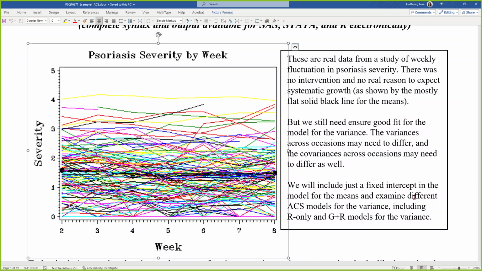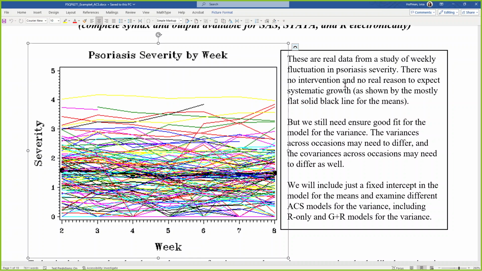So these data, though, were not published. This is part of a dissertation. So the story behind this is that my friend is a clinical psychologist interested in positive psychology, forgiveness, coping skills, that kind of stuff. And she was interested in the role of stress and coping skills in the outcome of psoriasis severity.